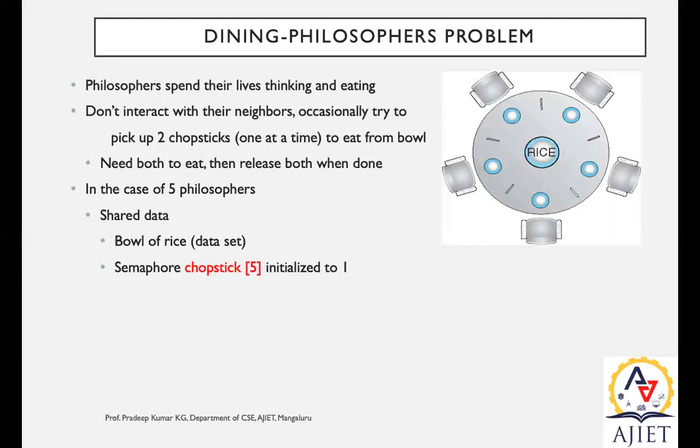And once any philosopher grabs those 2 chopsticks, they won't release them until they finish the rice. Only then may they release the chopsticks. So that is the dining philosophers problem.